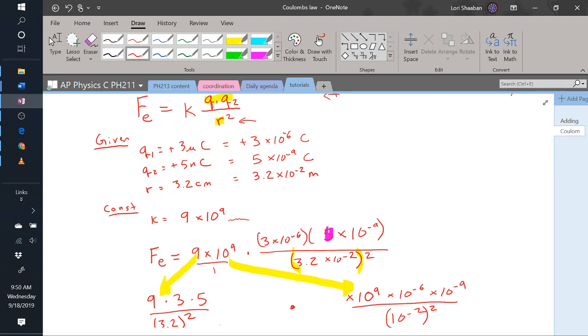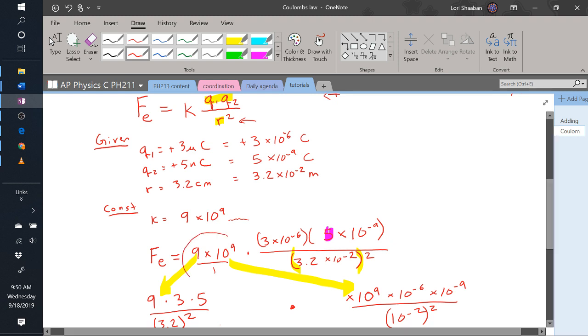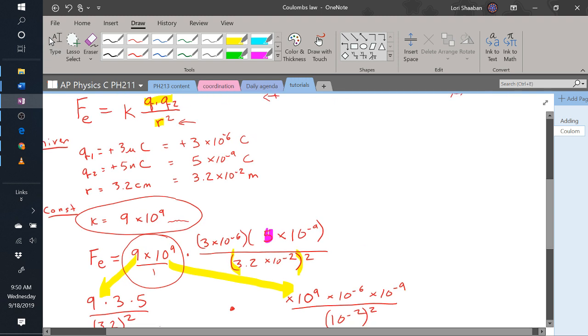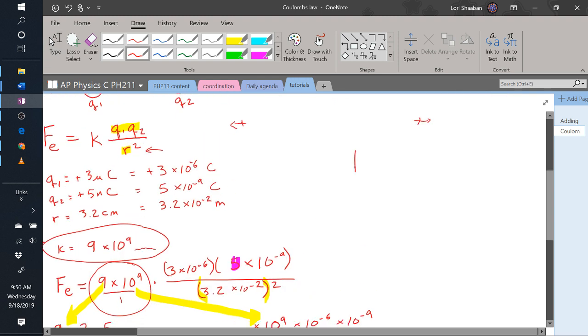So now let's take a look and see what the units on the K value are. Well, we know that force is measured in newtons.